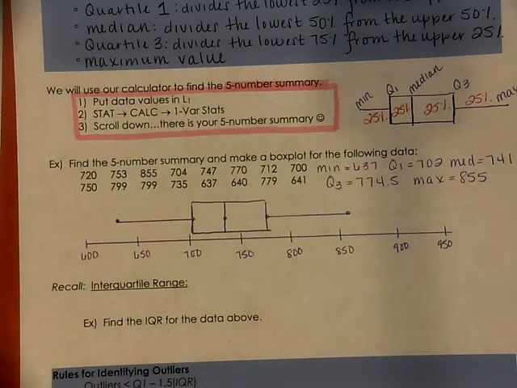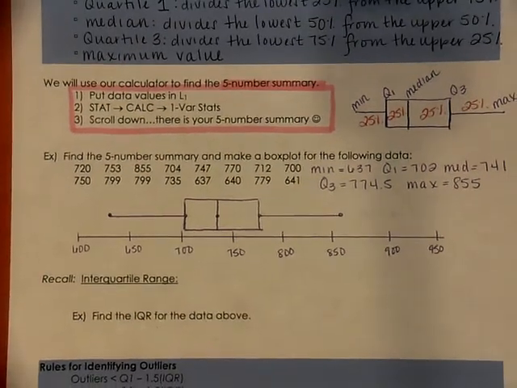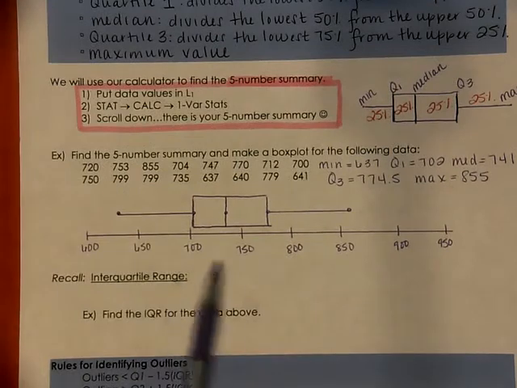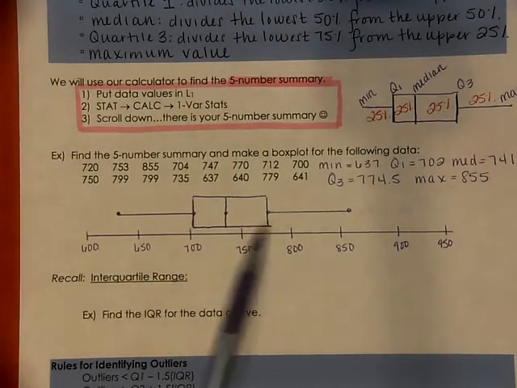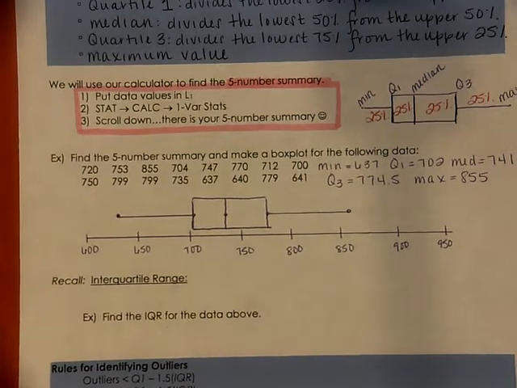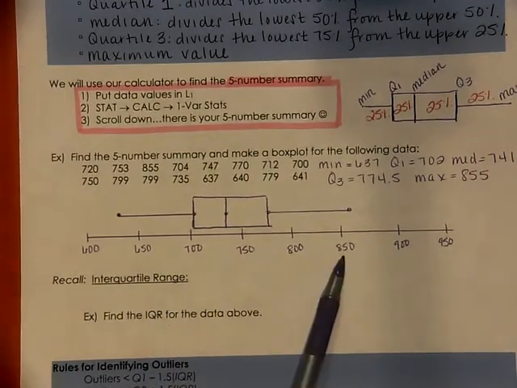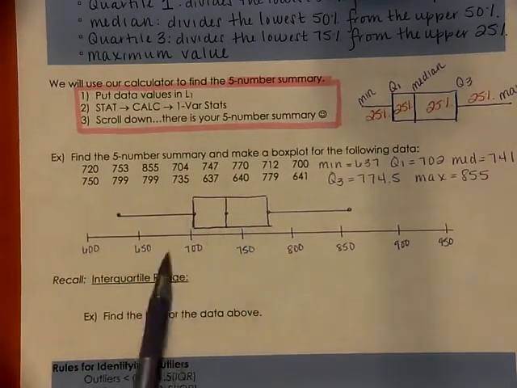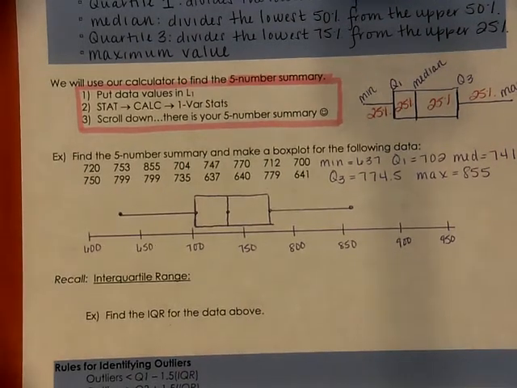Okay, so something that all graphs should have, remember, is a title. So for boxplots, you can put it down here along the number line if you'd like, because since there's only one scale, putting the title down here works too, or you can put it above it and just label the number line with its unit.